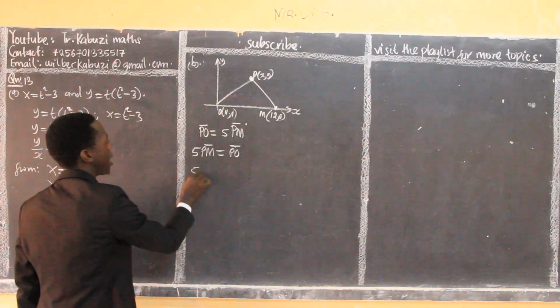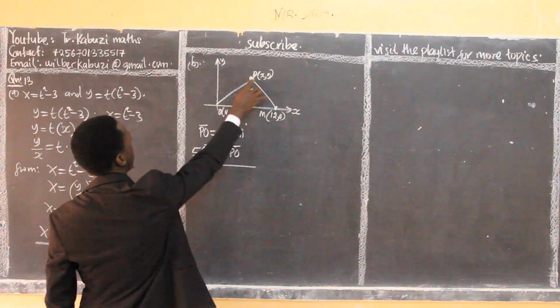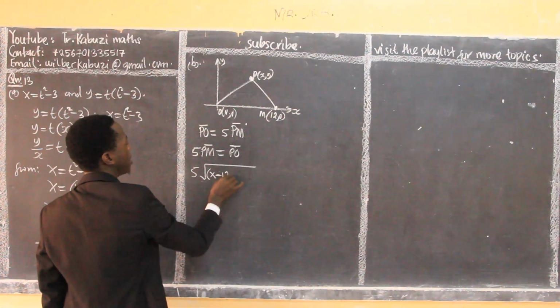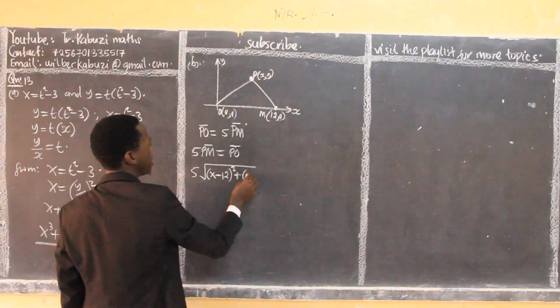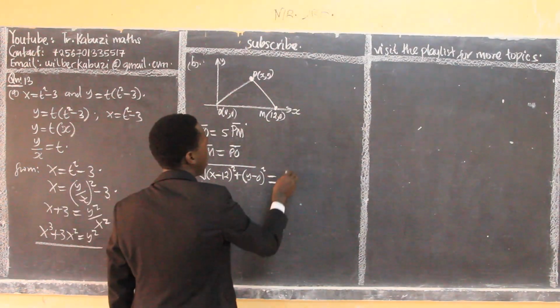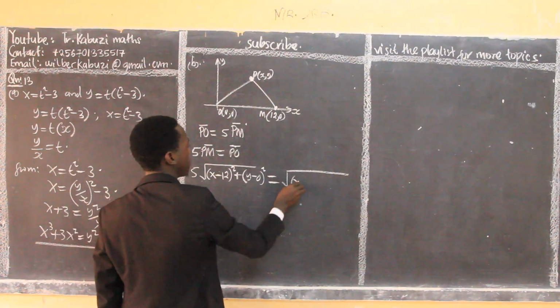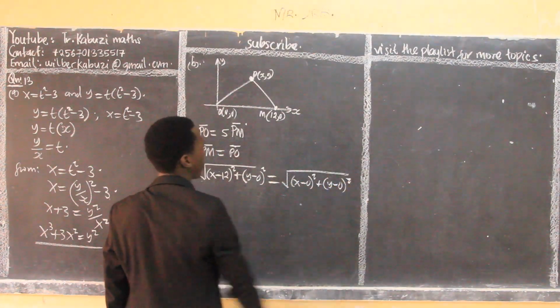So this will be 5 into the square root of x minus 12 squared plus y minus 0 squared, equals PO, which is the square root of x minus 0 squared plus y minus 0 squared.